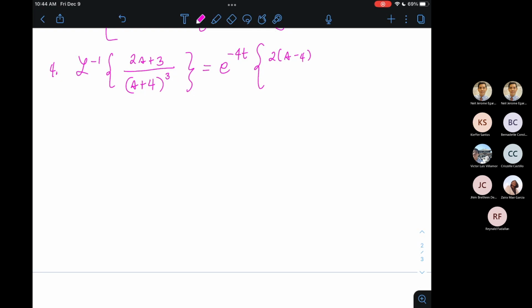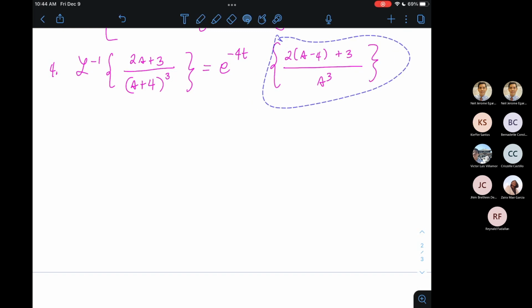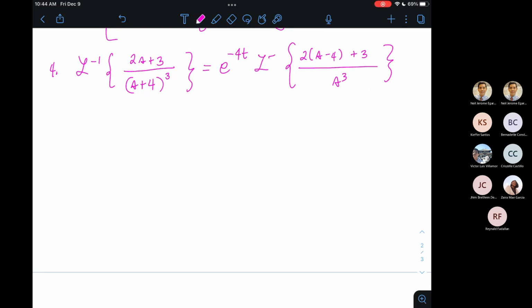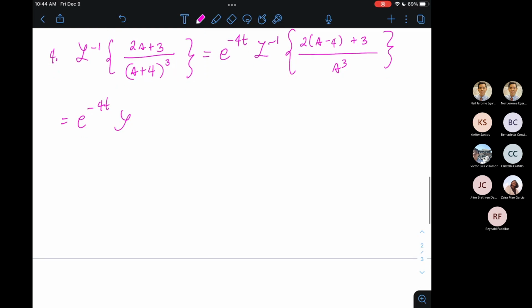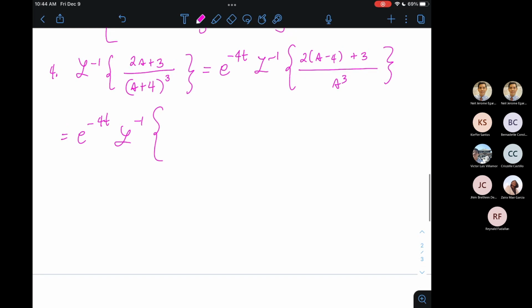So move tayo 4 units to the left plus 3 all over. This would be s cubed. Oops, nawala yung inverse Laplace. Okay? Tapos simplify ko muna yung expression sa loob ng inverse Laplace. So magkakaroon ako ng 2s minus 8 plus 3, so minus 5 over s cubed.